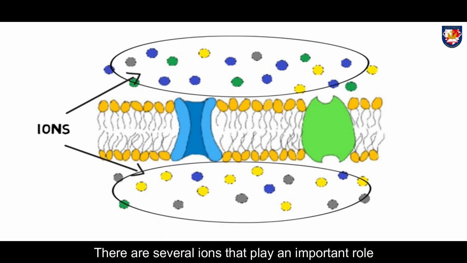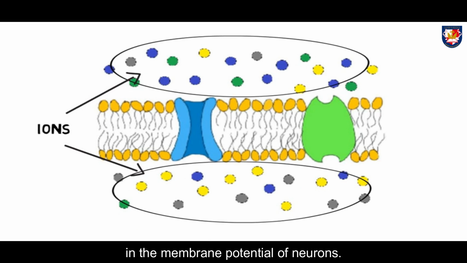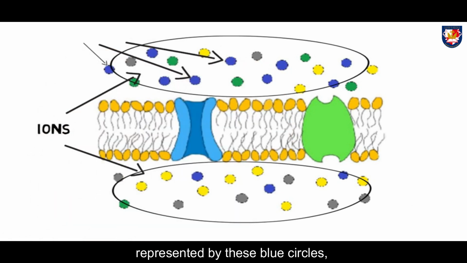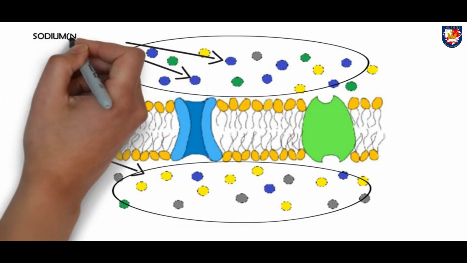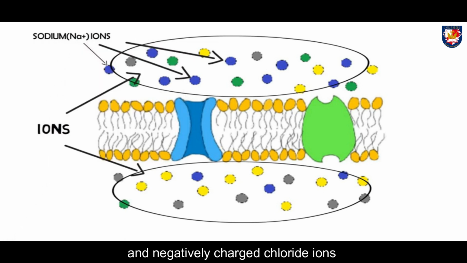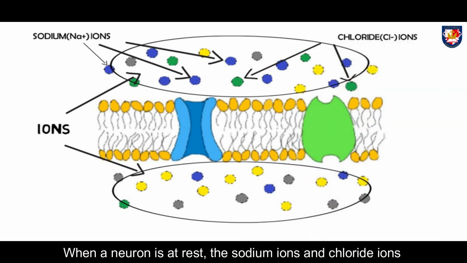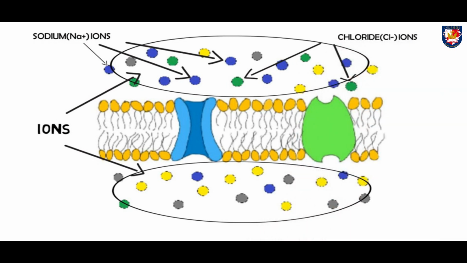There are several ions that play an important role in the membrane potential of neurons. There are positively charged sodium ions represented by these blue circles and negatively charged chloride ions represented by these green circles. When a neuron is at rest, the sodium ions and chloride ions are more prevalent outside of the cell.